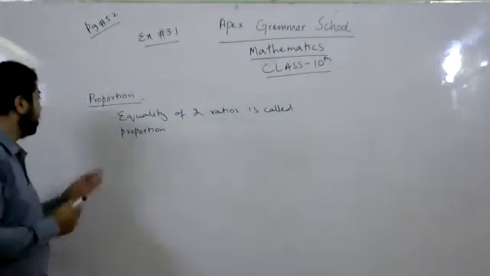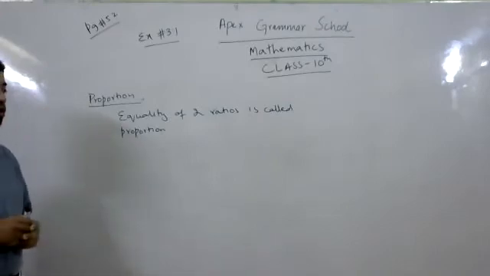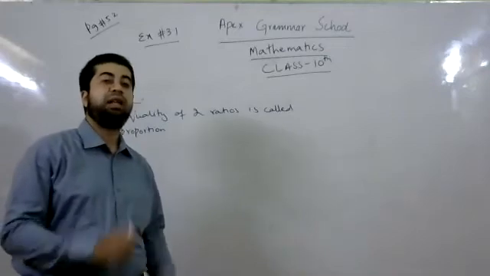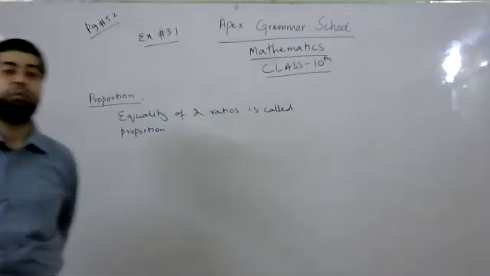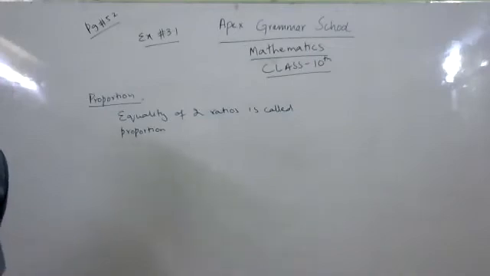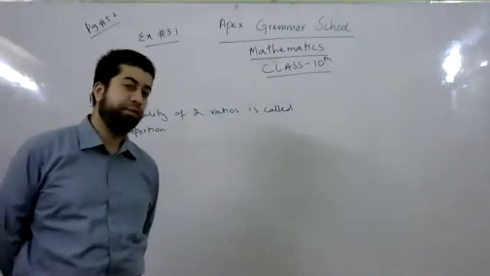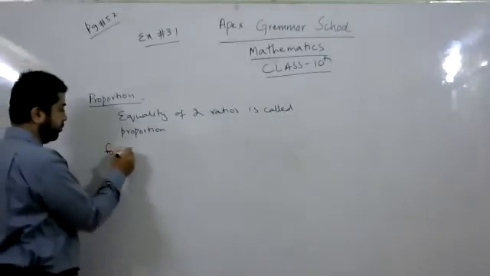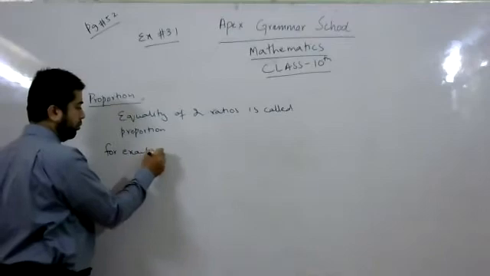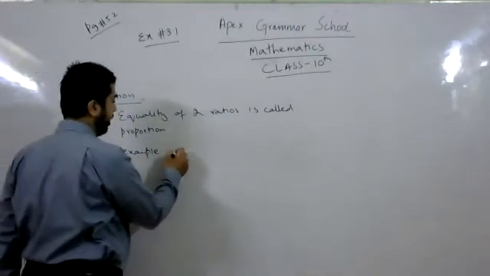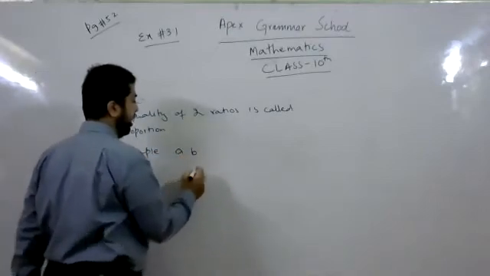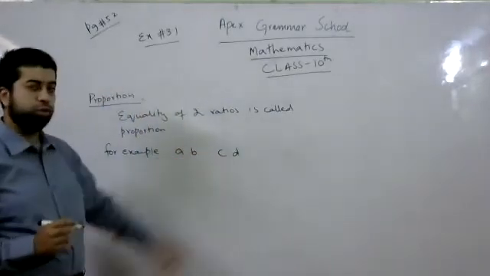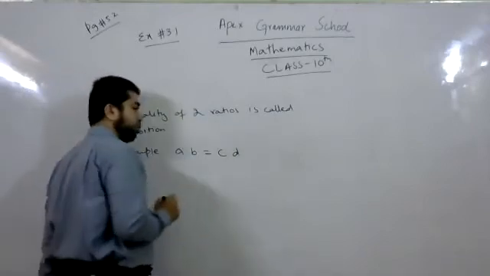So for those two ratios which have no units, if we apply an equality sign, then this is called the proportion. Proportionality is basically equality between two ratios. For example, if we have two ratios, A ratio B, and another ratio C ratio D, then equality between these two ratios is called proportion.